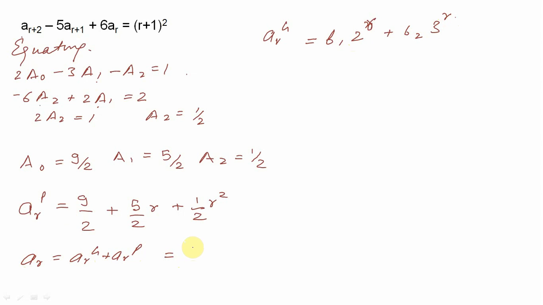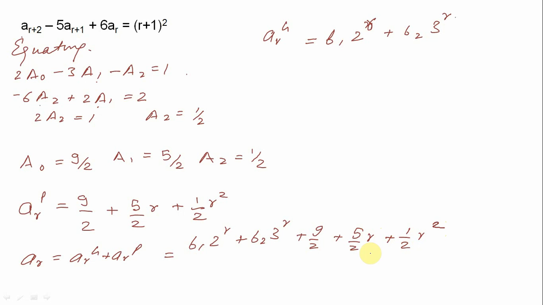So that gives me B1 2 to the power r plus B2 3 to the power r plus 9 by 2 plus 5 by 2 r plus 1 by 2 r square. So this is the solution of the recurrence relation. Remember, there was no initial term, so we are not going to find the values of B1 and B2.